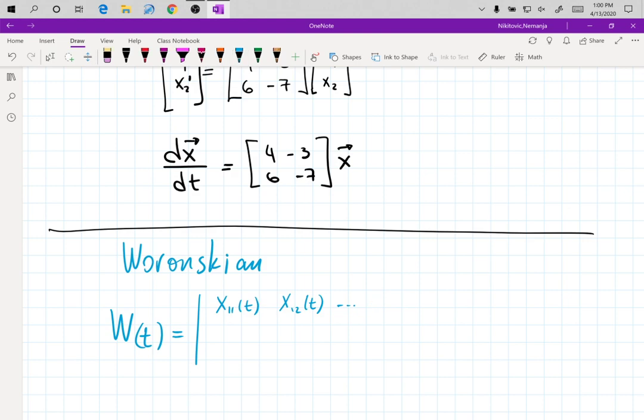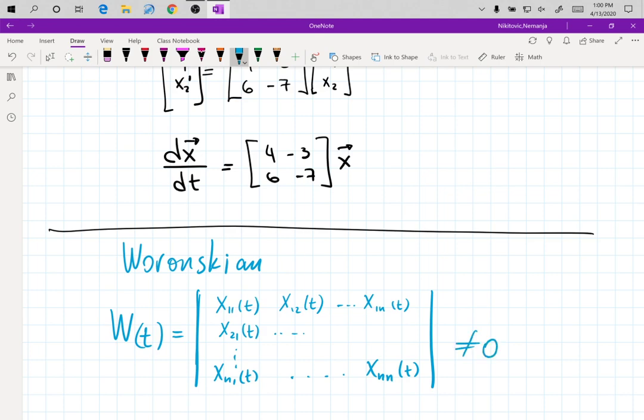Just writing the same matrix all the time. Right, so we take the determinant and we make sure it's non-zero for independent.